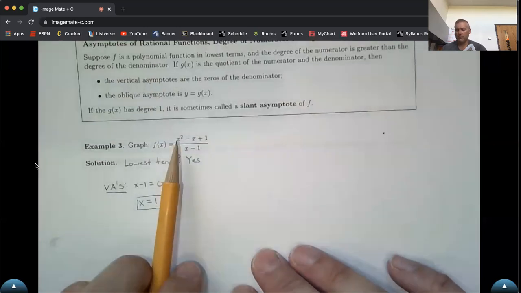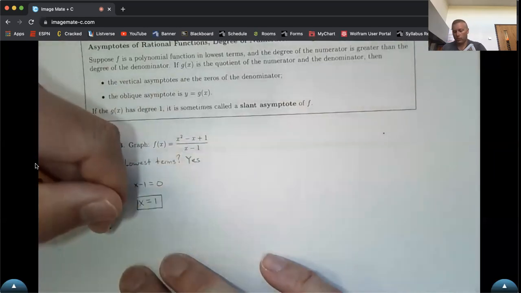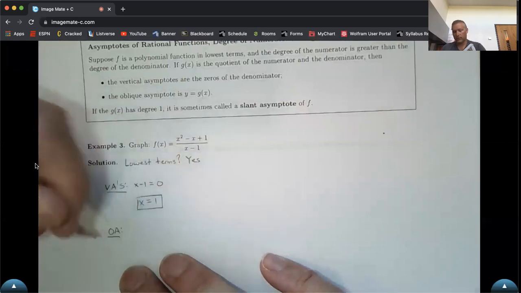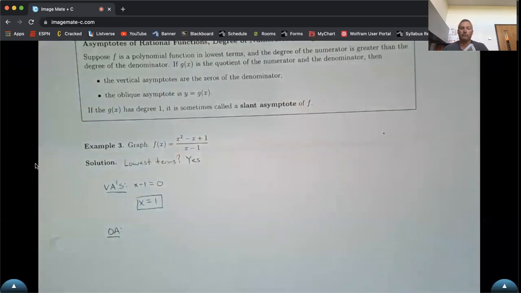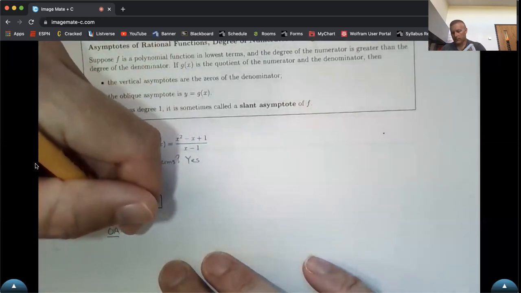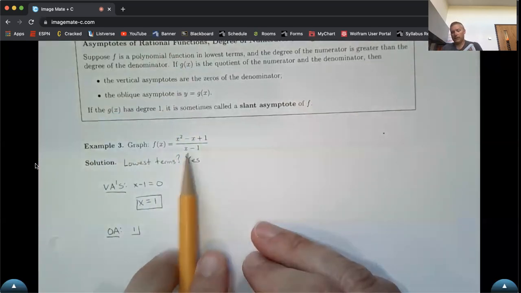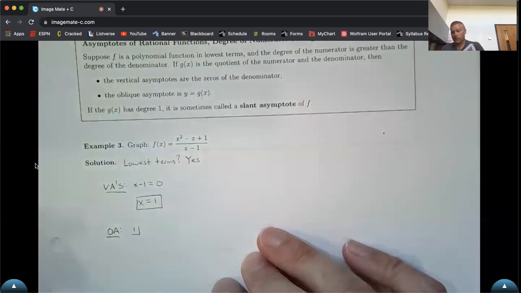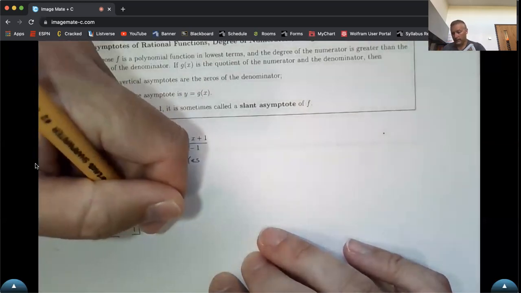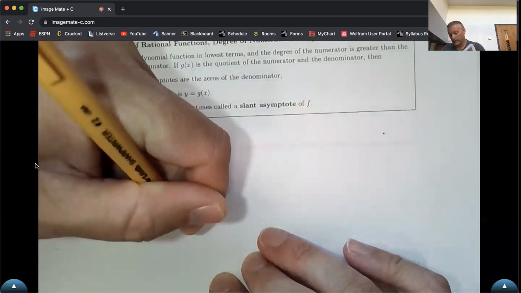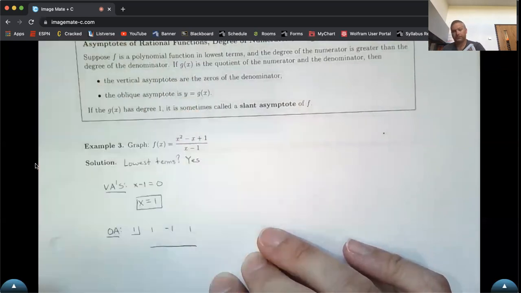Since the degree on top is bigger than the degree on bottom, we're going to have an oblique asymptote, which I'll notate by OA. The way this is found is synthetic division. X minus 1, so I'll put a 1 in the box. Then on top, I have a 1x squared, a negative 1x, and a positive 1 on the end.